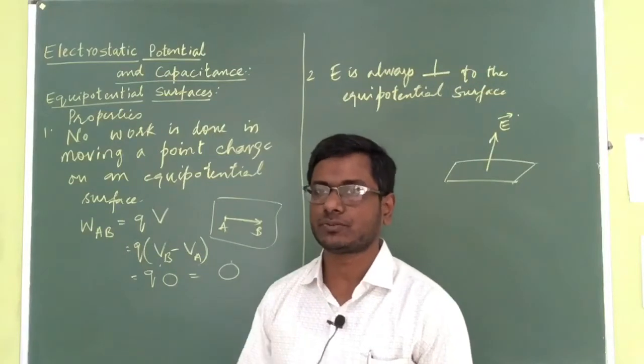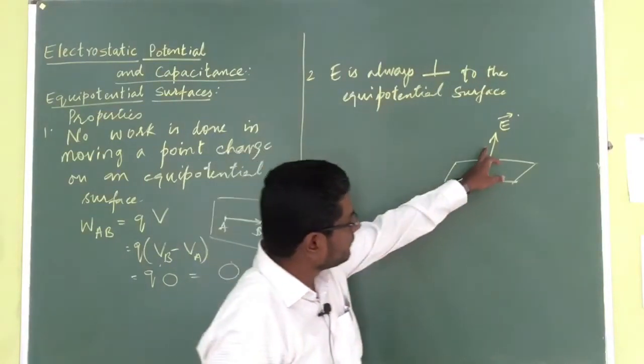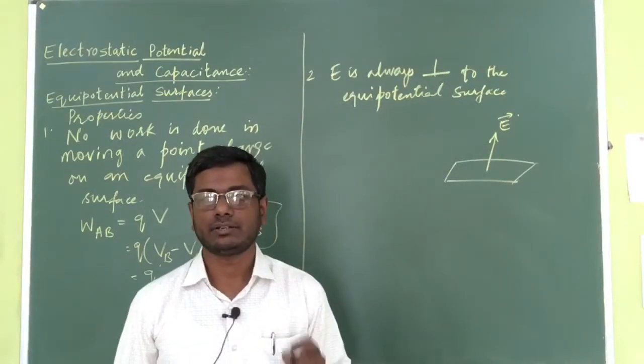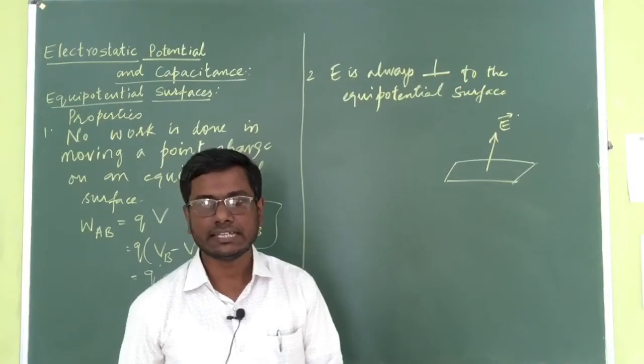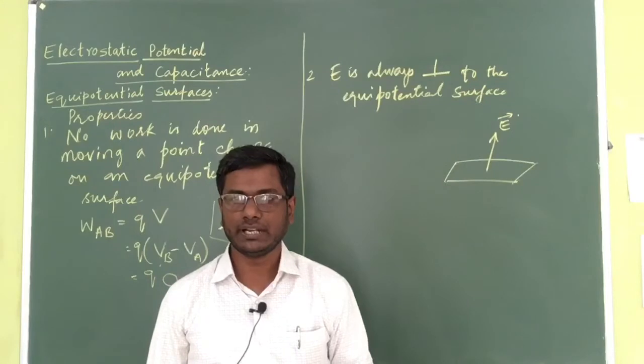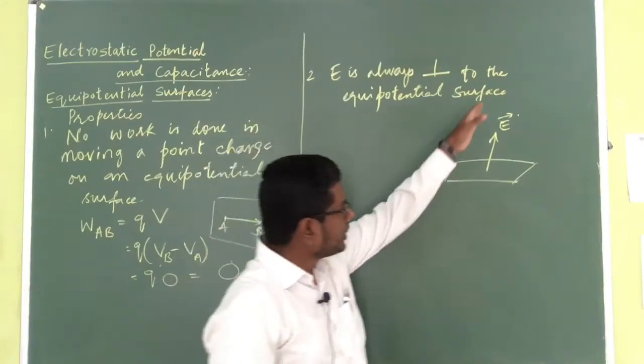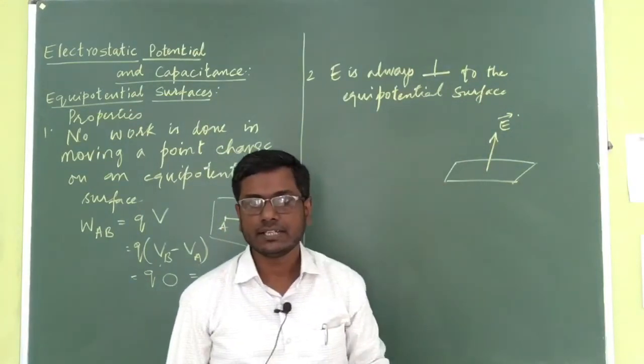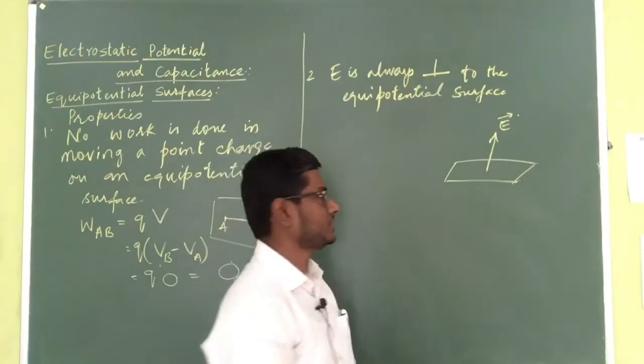The answer to this question is, if the electric field was not normal, in that case this electric field will have 2 components. One will be perpendicular to the surface and one will be parallel to the surface.